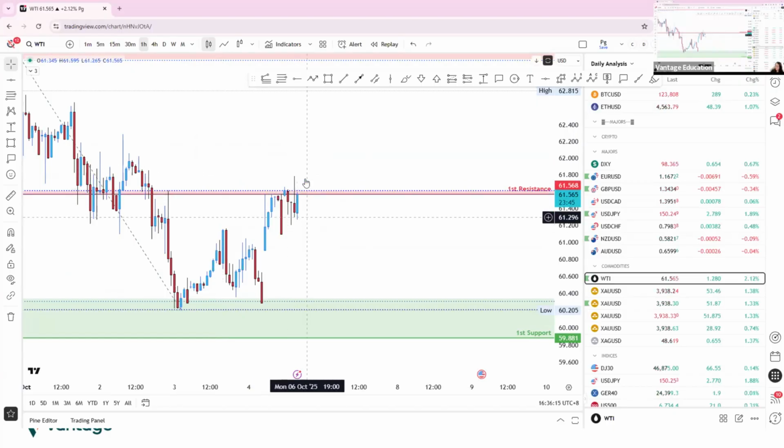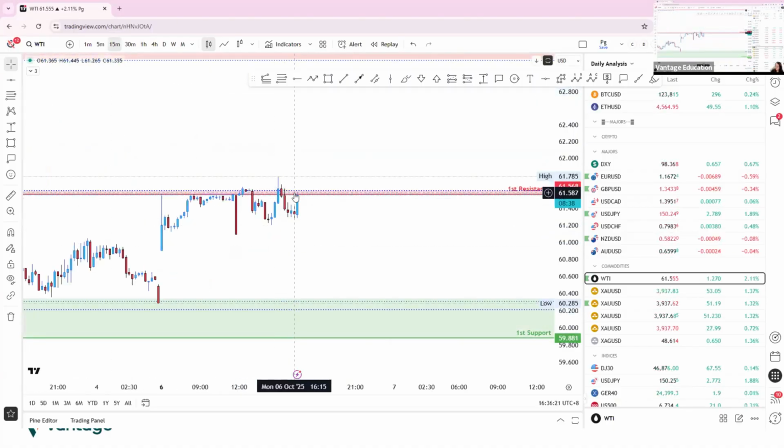We might see price react from these zones. If you sell now on WTI, high risk, I tell you first, it might break.